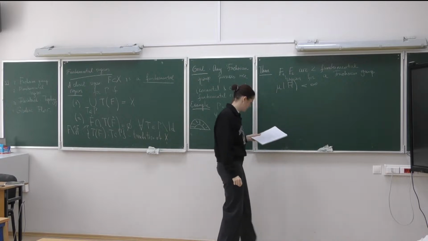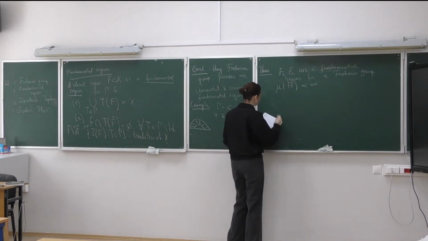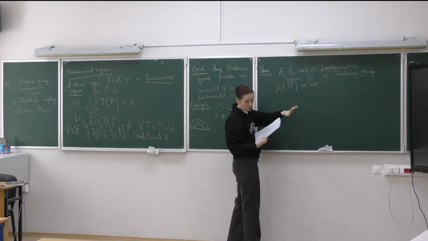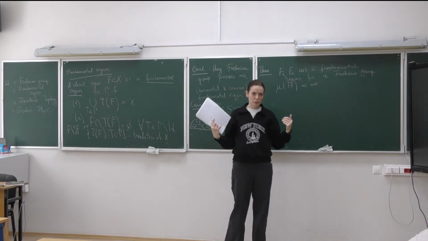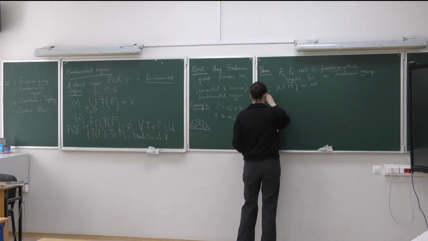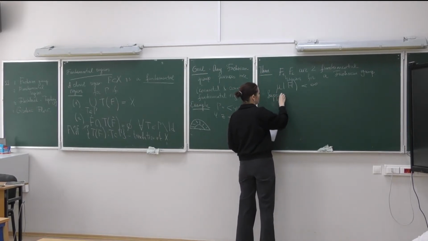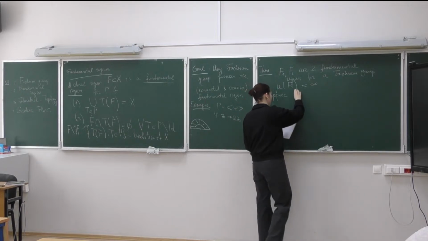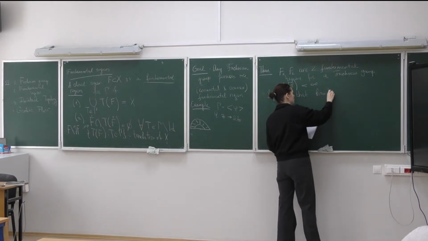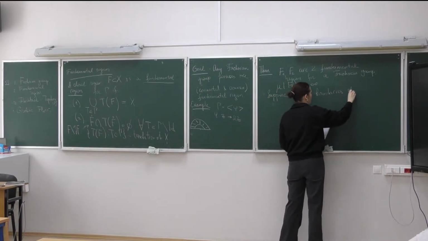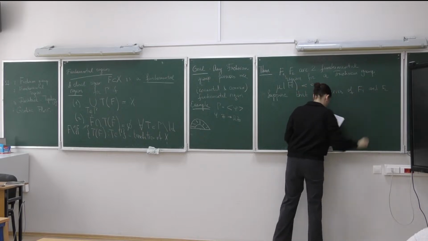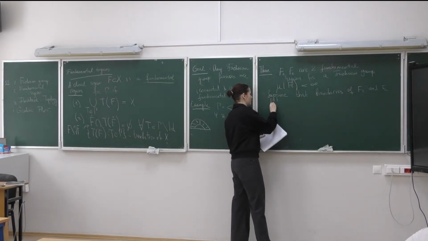We are given already this information. Also assume that the boundaries of these two regions have zero area, zero hyperbolic area. You remember on one of the previous lectures we already discussed what hyperbolic area is. So this restriction is not very strong. It's a typical situation, right?